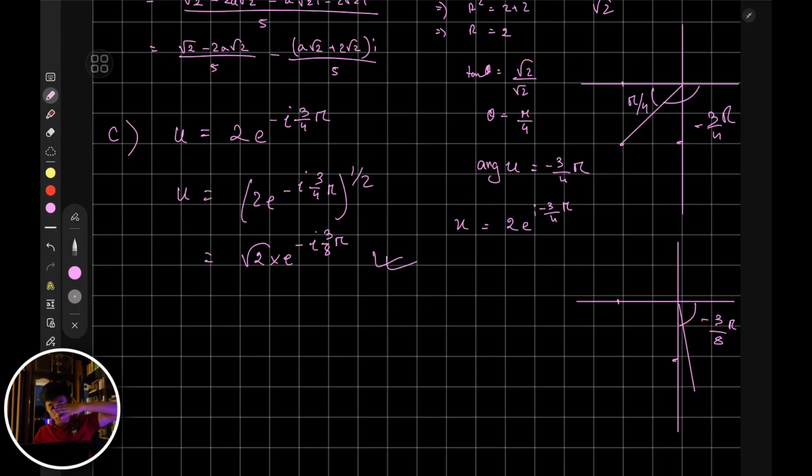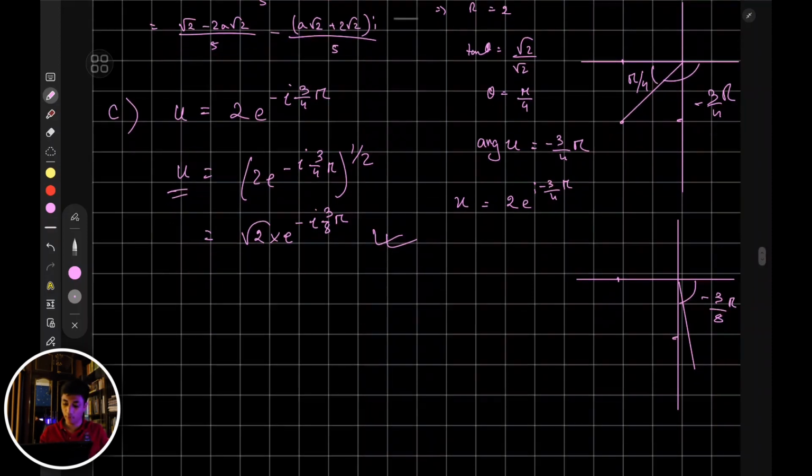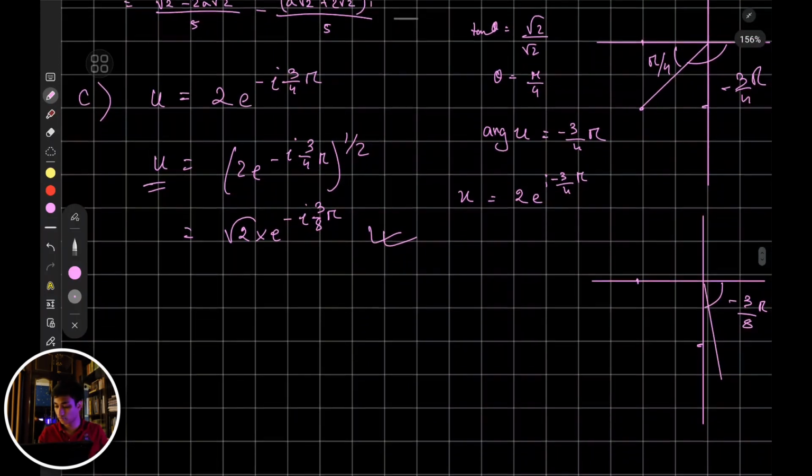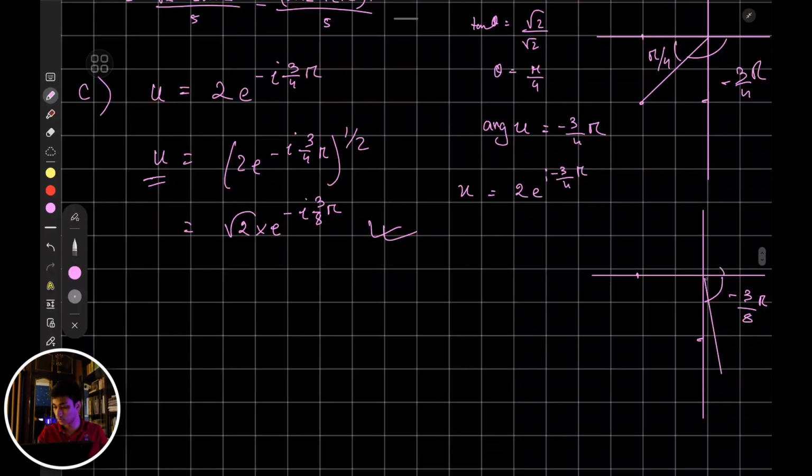The other value, the other expression, can be represented by positive 5/8 of pi.